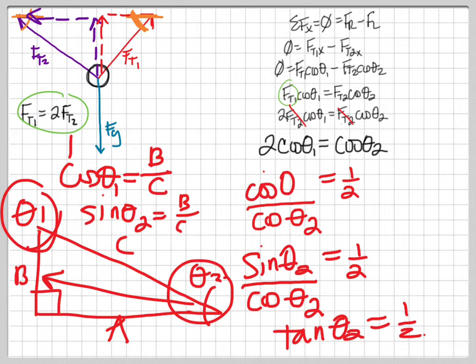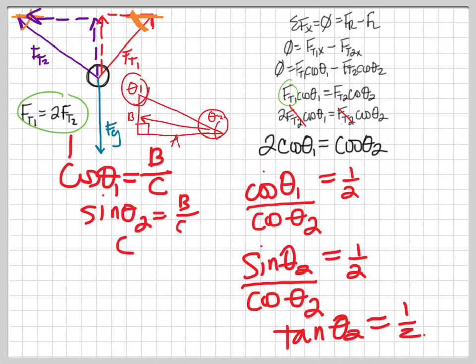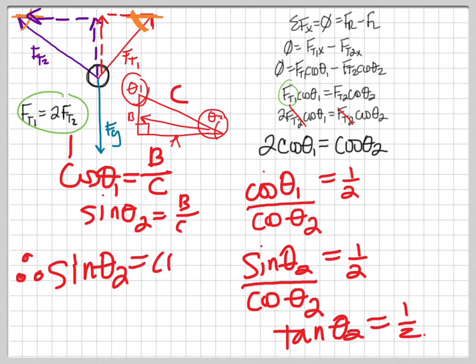Yeah, correct. So the inverse tan of 1/2 gives you one of your angles. And if you've got one of your angles, you can figure out the other one. So therefore, sine theta 2 equals cosine theta 1.